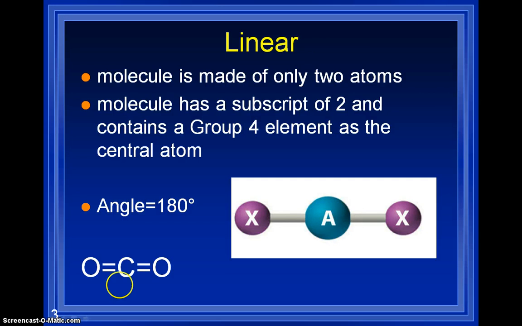Carbon dioxide is an example of that. Carbon is in the middle here, it's in group 4, and it has a subscript of 2, so CO2. So when you identify a formula as linear, you know it's going to have the three-dimensional shape of a straight line. And that angle is 180 degrees, from this bond to this bond.